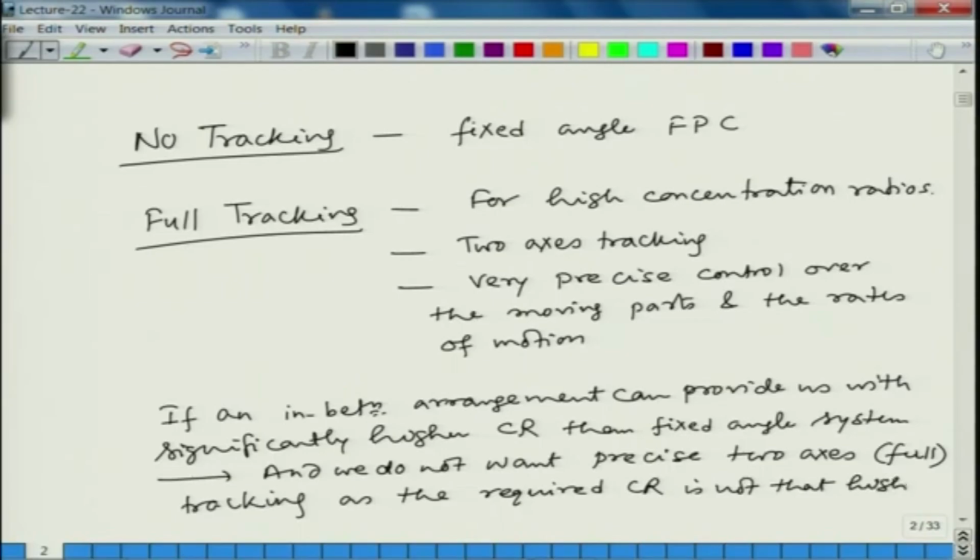So, if we want something in between, what option do we have? We have single axis tracking. We will move our collector or reflector in a single orientation, and whatever concentration ratio it gives us, we will take it.